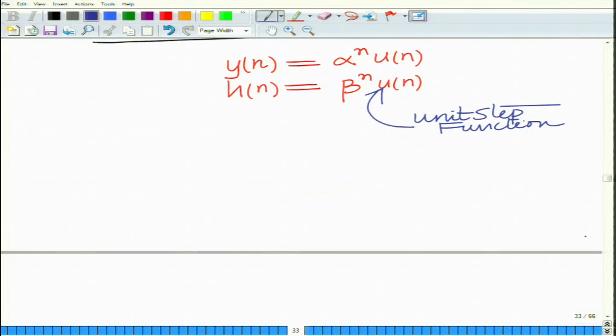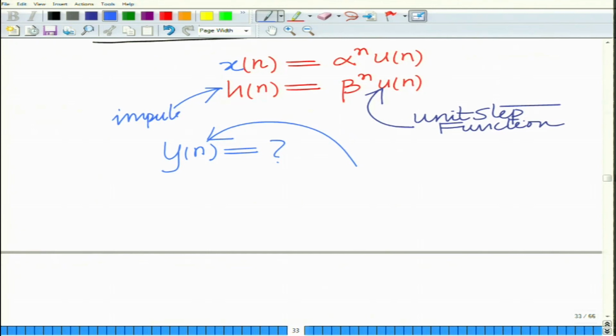Now, we would like to find the discrete time convolution, that is we want to find the output. So, what is the output y[n]? This h[n] is the impulse response of the discrete time system. x[n] is the input signal.